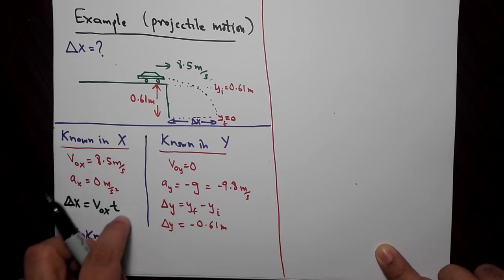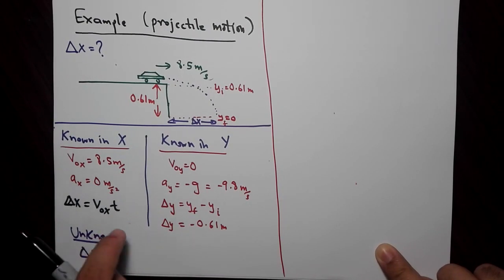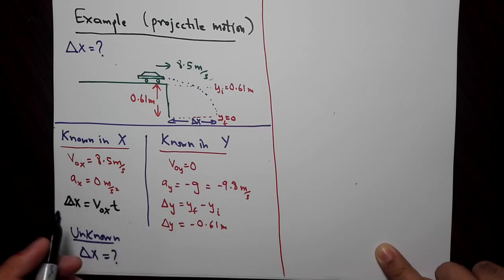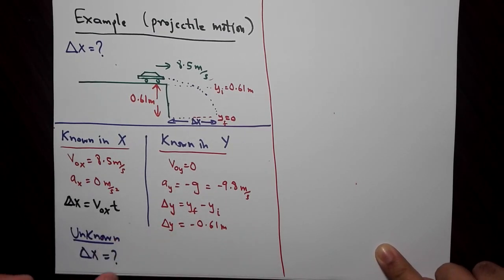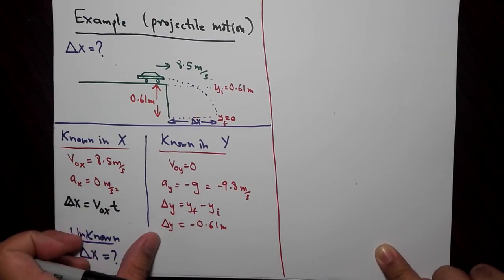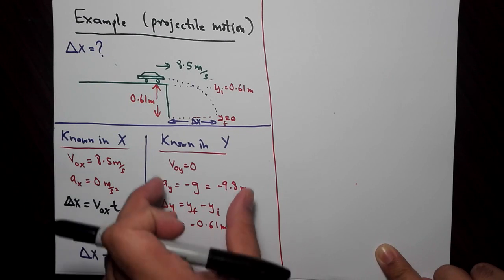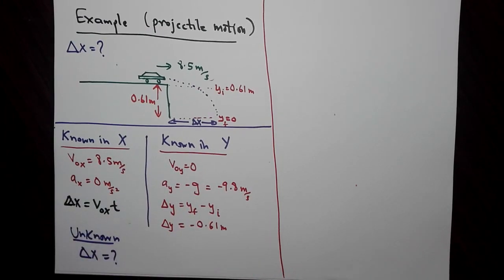So we need time. And time is the common variable between the two, right? This is a very common strategy that you will use. You will get time from one of the axes and plug it into the other. So in this problem you can use the y equations to get time and then plug it into the x equation.